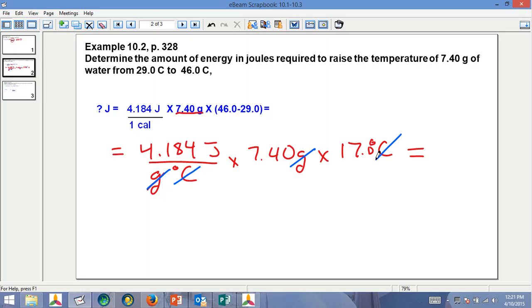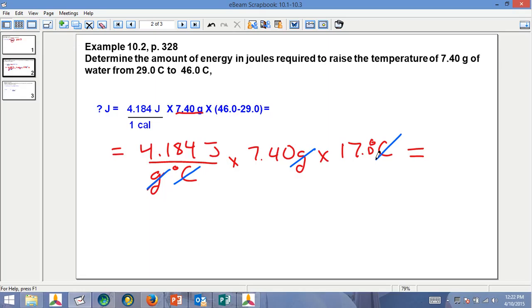So 1 calorie can always be substituted for grams degrees Celsius? Yeah. Miss, where's 17? Are we supposed to ignore the blue? I just rewrote this right here, but this came from this. See, 46 minus 29 equals 17.